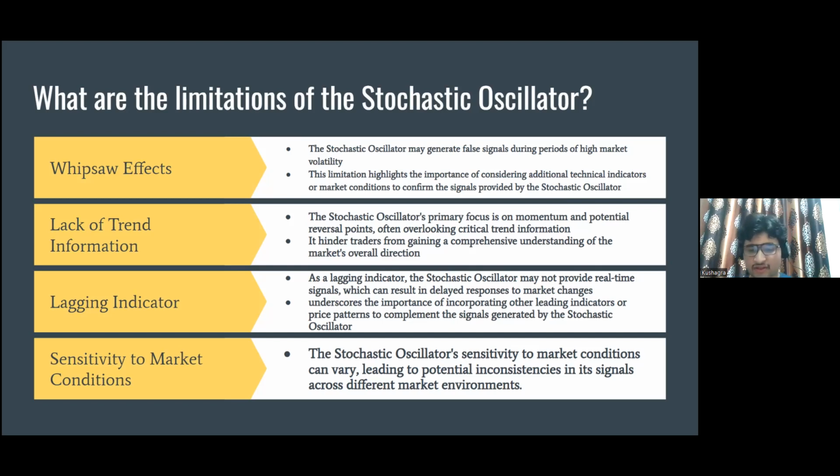It's quite sensitive to market conditions, and also the period we set, a fortnight, 14 days, is a hyperparameter in the sensitivity analysis. So it might vary, and we might not be able to grasp a good hyperparameter. That's why this sensitivity is again a limitation here.